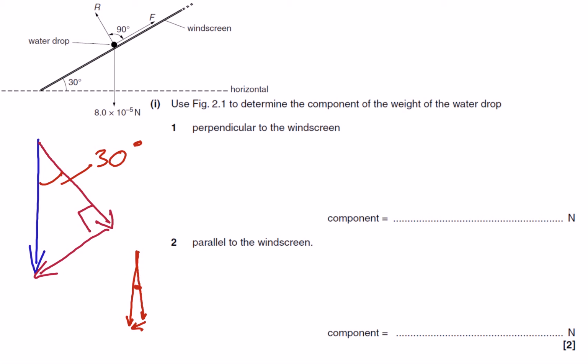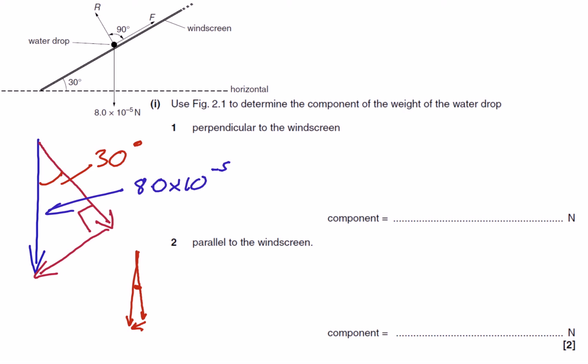Now I know that my weight here is 8.0 times 10 to the minus 5. So if I go parallel to the screen, well, that's this one, which is opposite the angle. So that's going to be my sine theta.